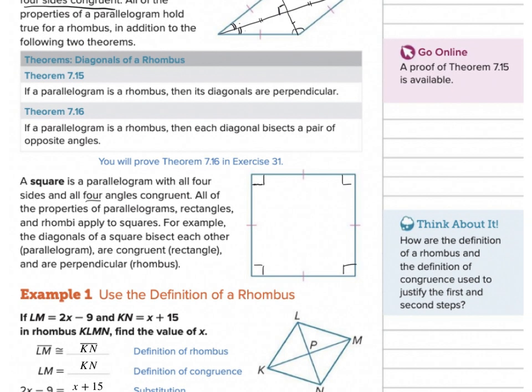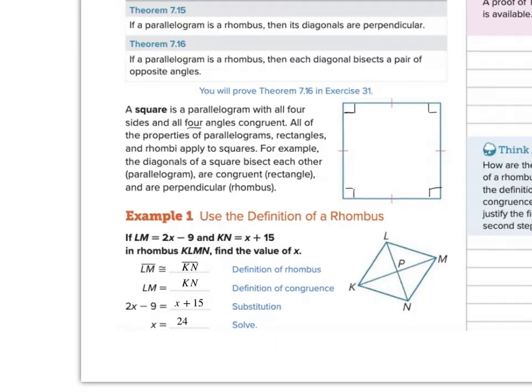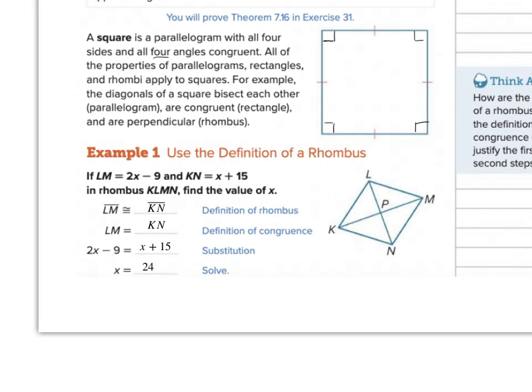Okay, so looking at that, here we're talking about using that definition. So if this is a rhombus that we're looking at, in rhombus KLMN, LM is equal to 2x minus 9.